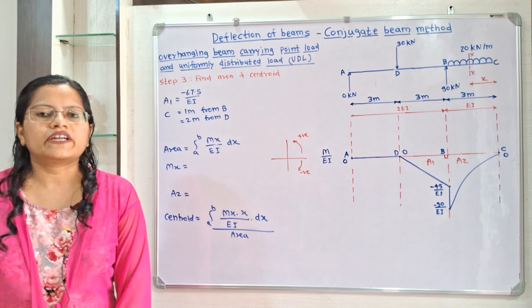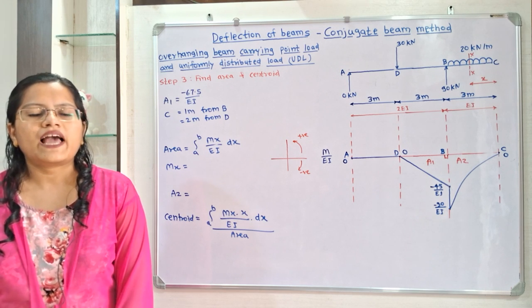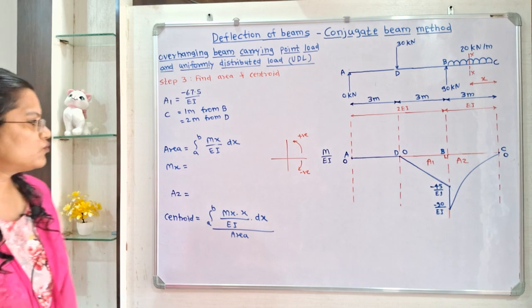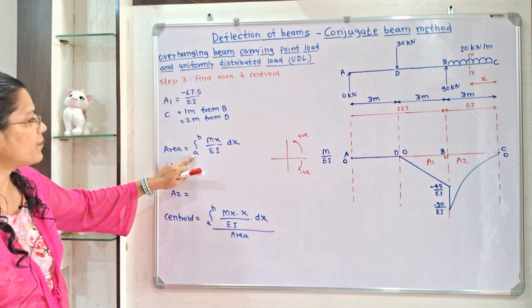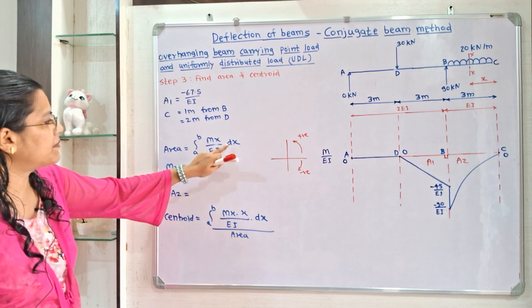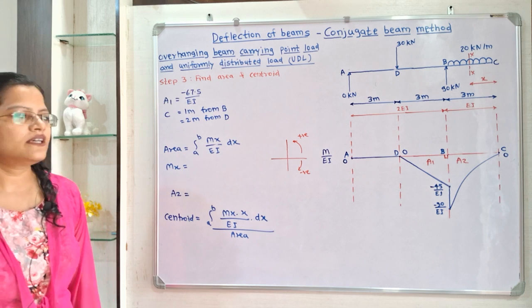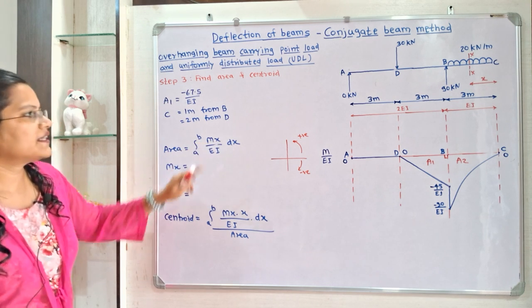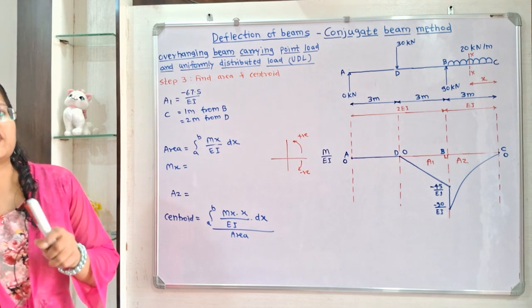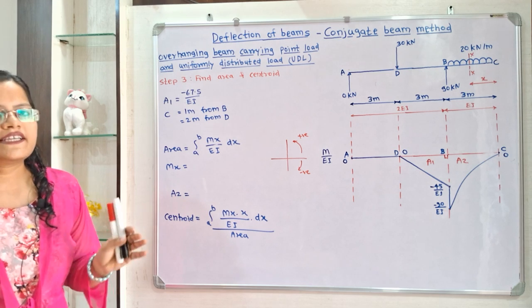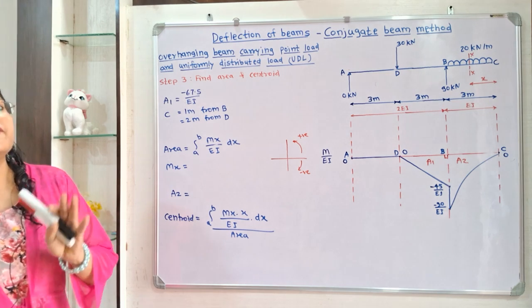We will calculate area A2 and we will apply the formula. How to calculate area? Area is equal to integration from A to B of mx divided by EI into dx. So this mx is the moment of the forces about the section xx, and it is at a distance x from the free end.